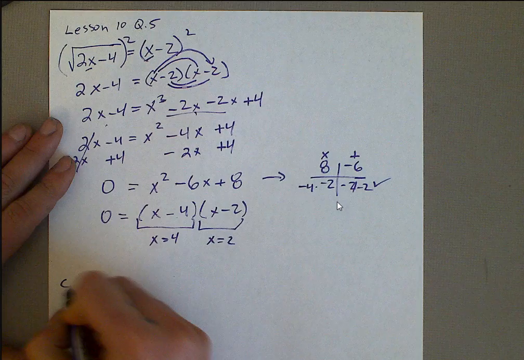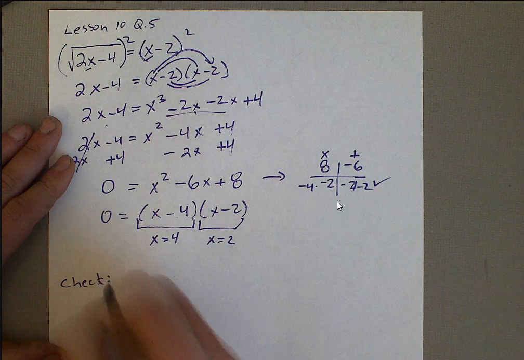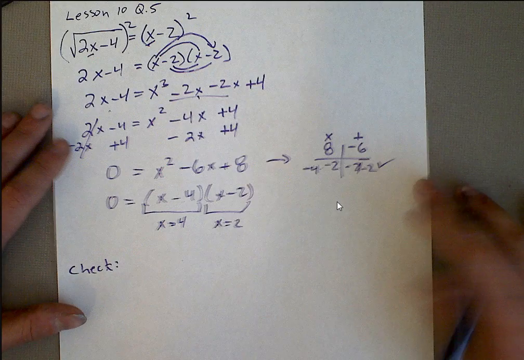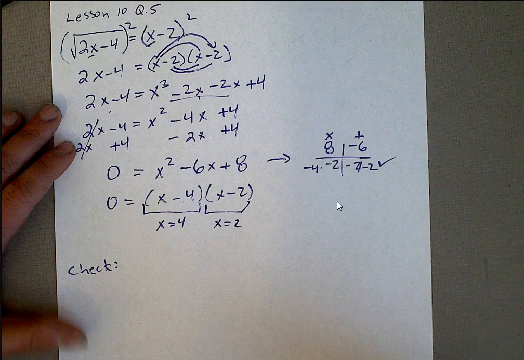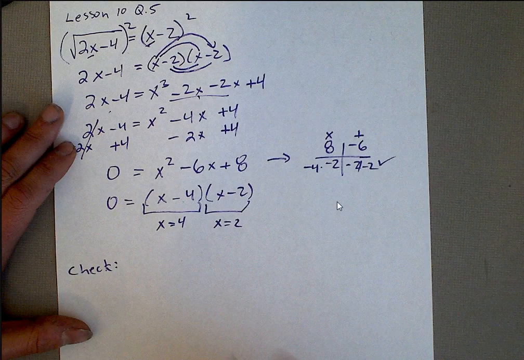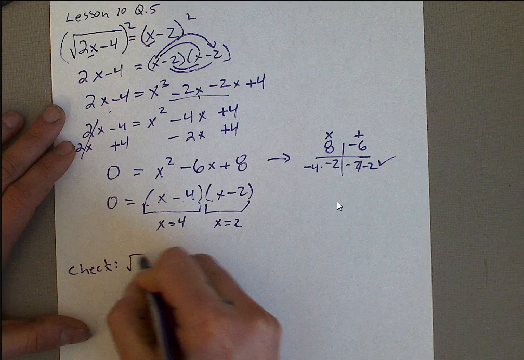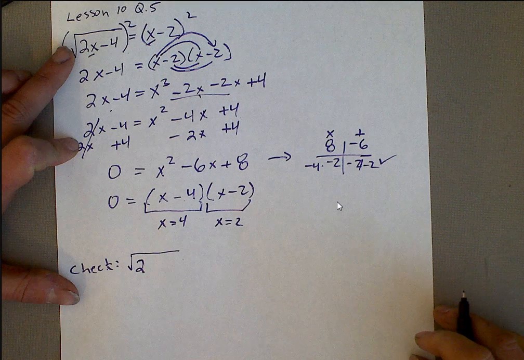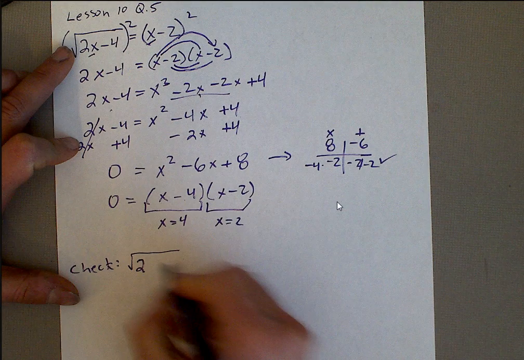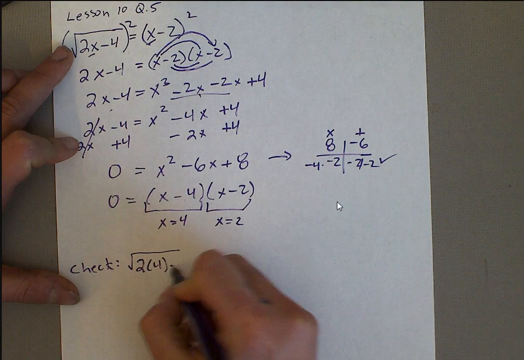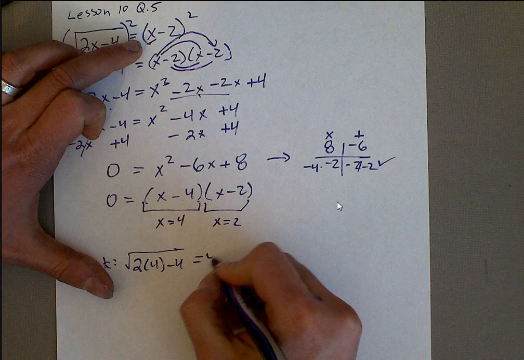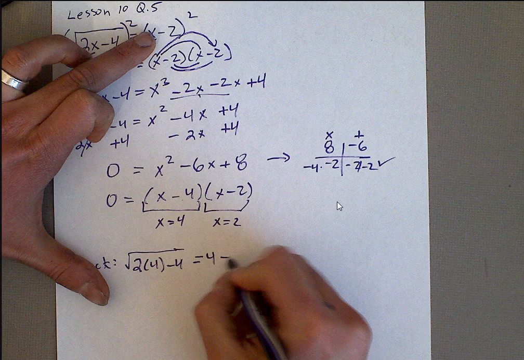So we have to check to make sure that there's no extraneous solutions by putting in 4 back into the original equation and then doing the same thing with 2. So we'll take the square root of 2, since we got a 2 in the original one, x. We'll put in 4 minus 4. And on the right side for x, we're going to put in 4 and then minus 2.